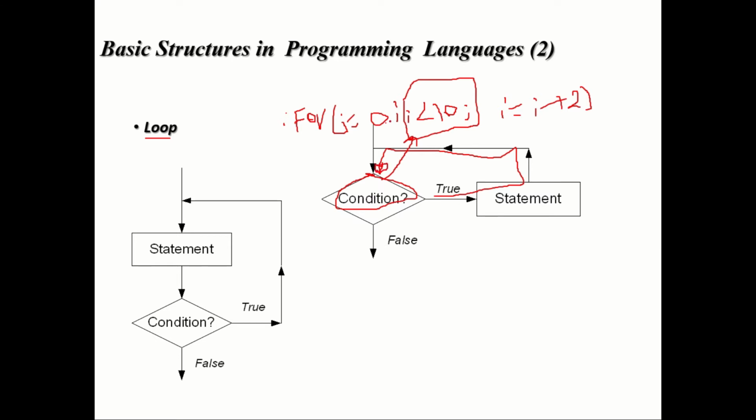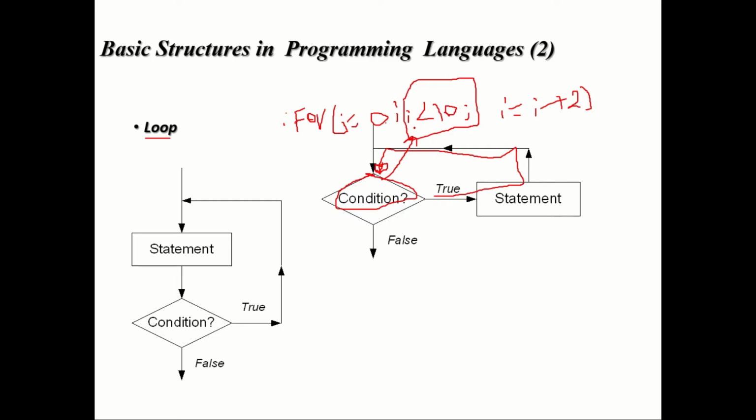For example, i = 0, less than 10, true, loop. i = i + 2, meaning i is 0 the first time, then plus 2, 2. 2 less than 10, true, again the loop is executed. i = i + 2, 2 plus 2, 4, 4 less than 10, true, again.